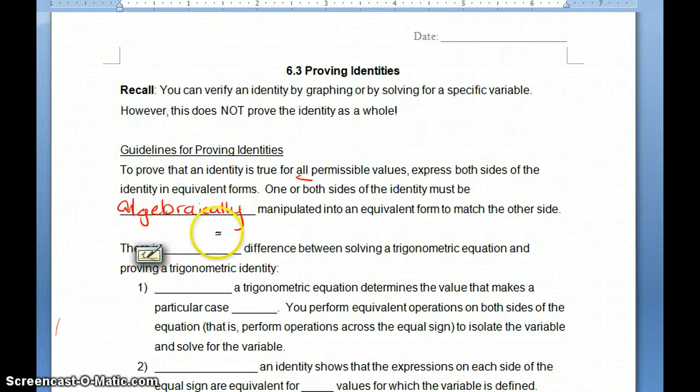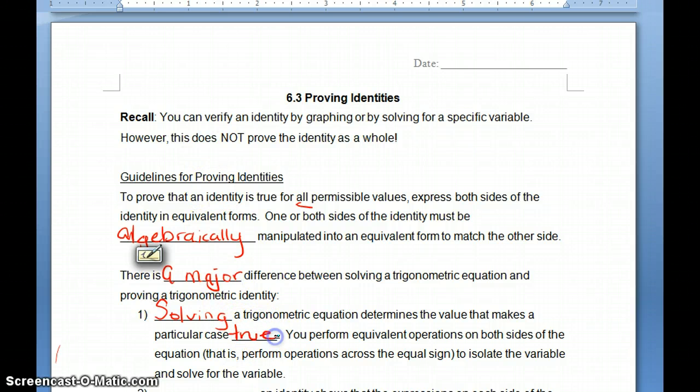So there is a major difference between solving a trigonometric equation and proving it. It's going to go along the same lines as verifying versus proving. When we're solving a trigonometric equation, that determines the value that makes a particular case true.